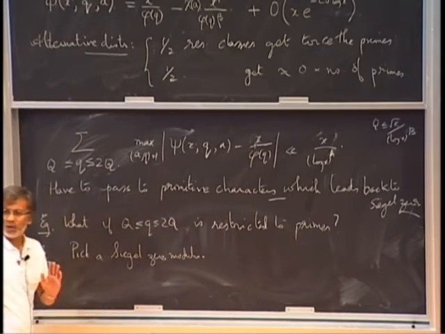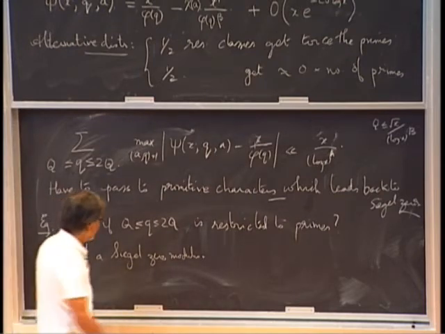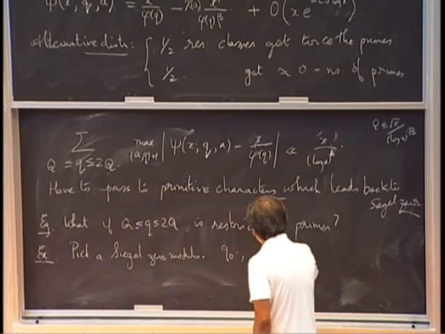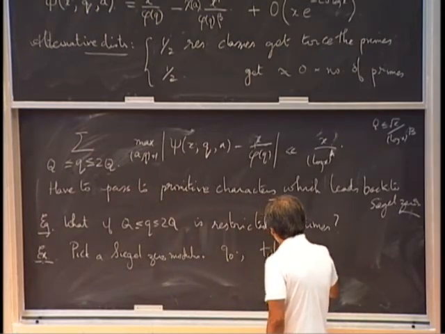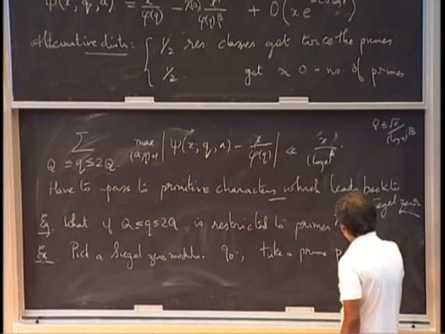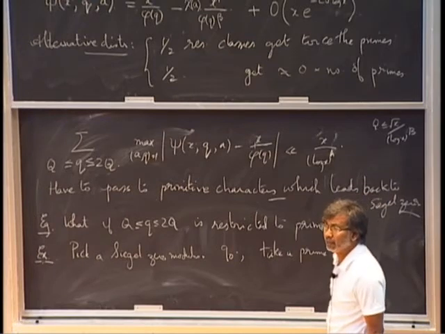Let's pretend that there's only one of them, right? For all practical reasons, you can assume something like that. Okay, Q naught, and then take a prime P. Let's say P naught, maybe large, dividing Q naught, right?